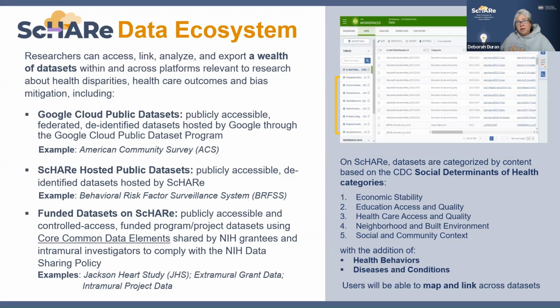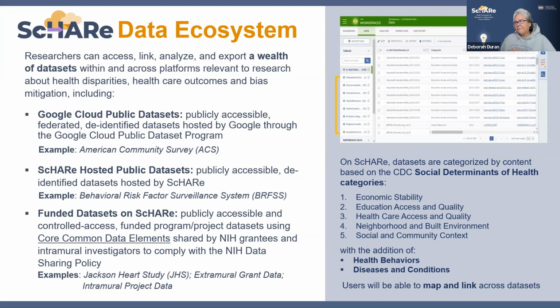We also have ScHARe-hosted datasets. These are typically national datasets, but they're not hosted by Google, but they're very important to us. So we host them on the ScHARe platform, like the Behavioral Risk Survey.